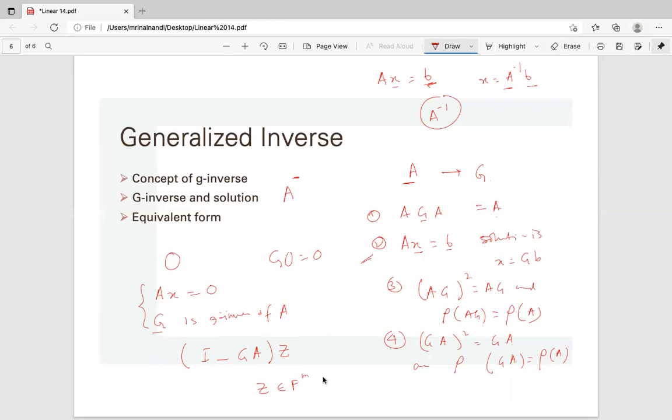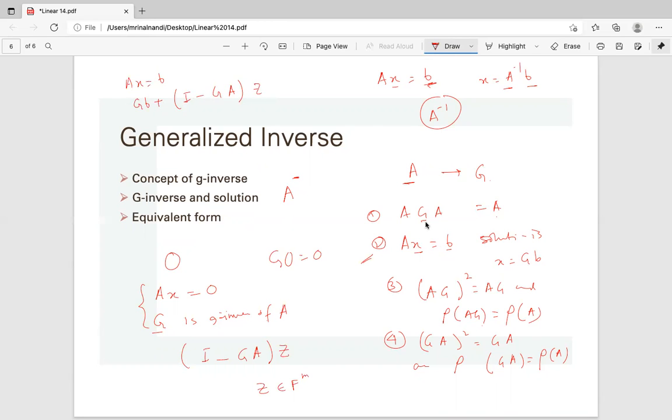You just find I minus GA and take any vector Z. These are all the solutions. And for Ax equal to B, the solutions are: one solution is GB, plus the other solution, the corresponding homogeneous system.